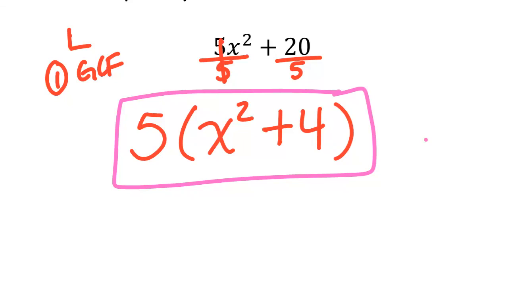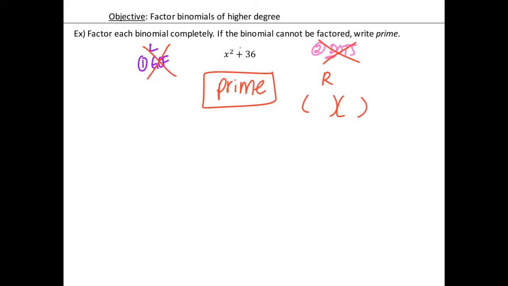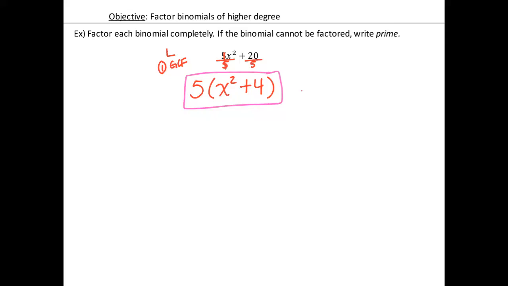So therefore, it's not prime because you had a GCF. I took out a 5. Versus in this last example, I didn't even have a GCF and I didn't have a difference. So then it's prime. But this one I did have a GCF, so then it's not prime.